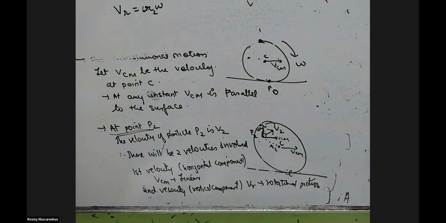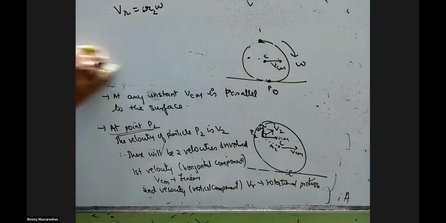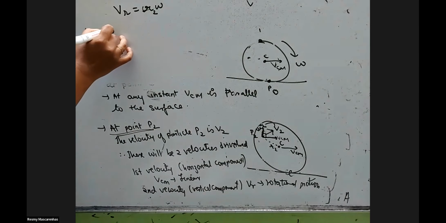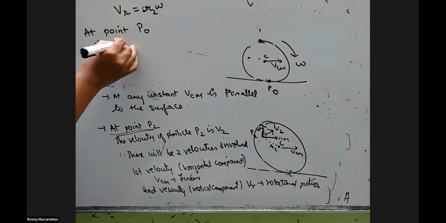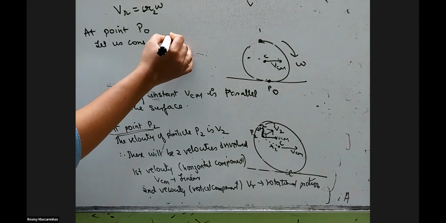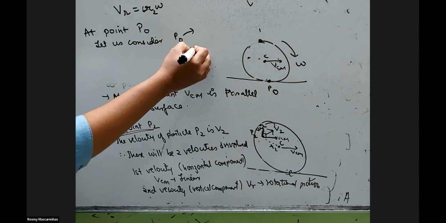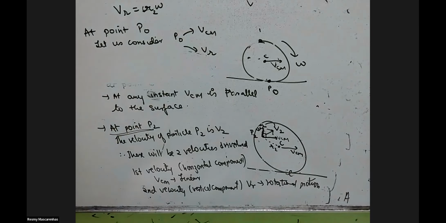Next we'll see what is happening at point P0. At point P0, again let us consider two velocities. P0 has two velocities, Vcm and VR. One is linear, one is rotational.